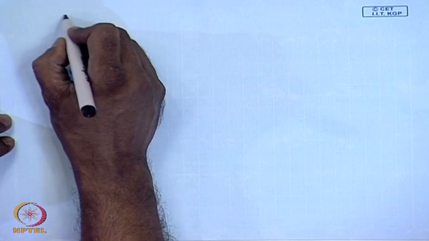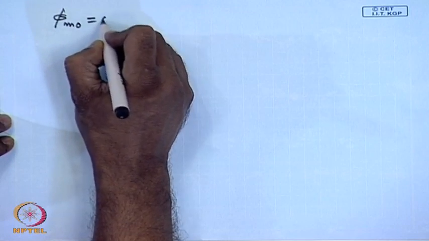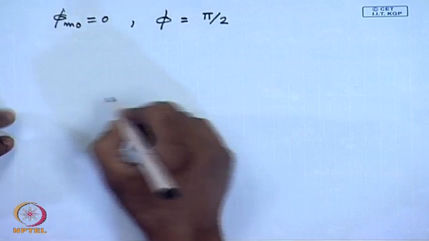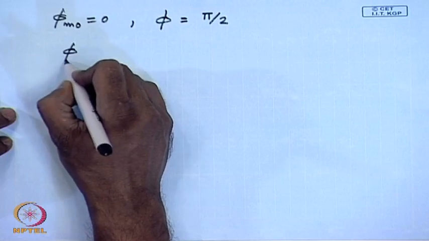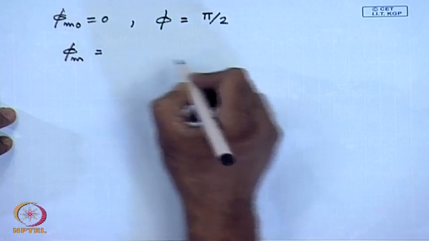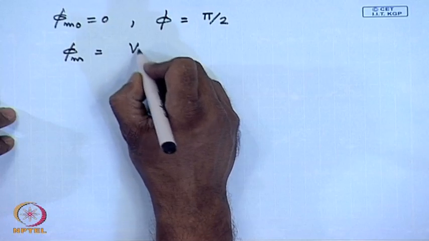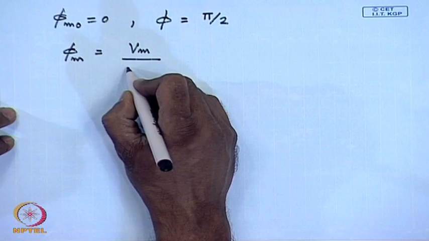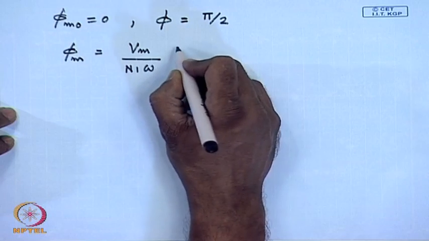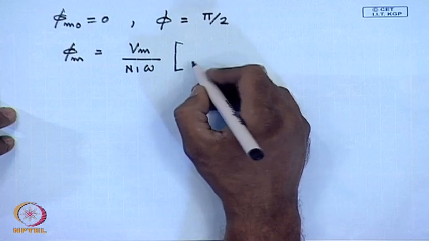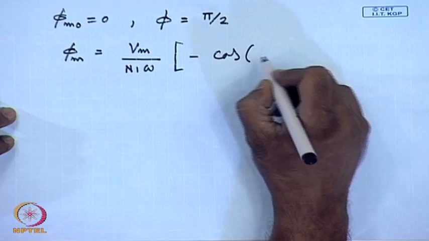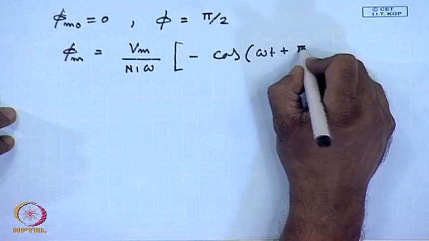However, we have the case where phi m 0 equal to 0 and phi equal to pi by 2, then phi m equal to... cos pi by 2 is 0 minus cosine of omega t plus pi by 2.